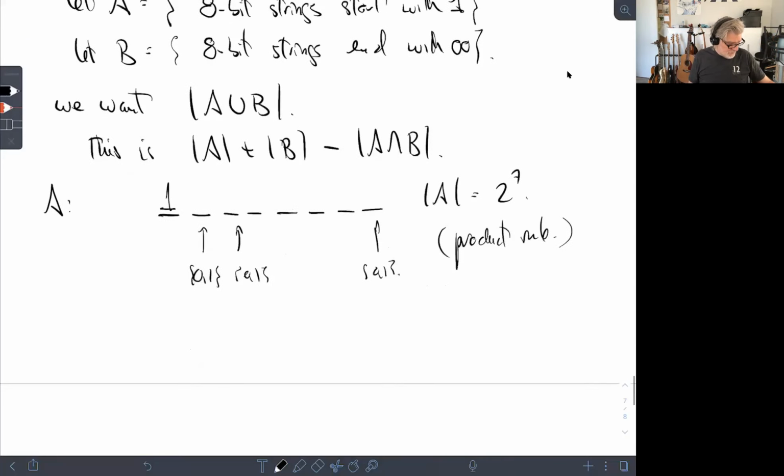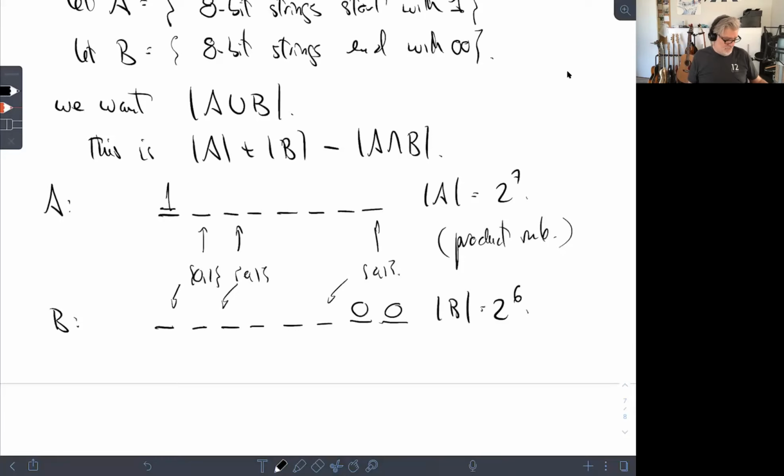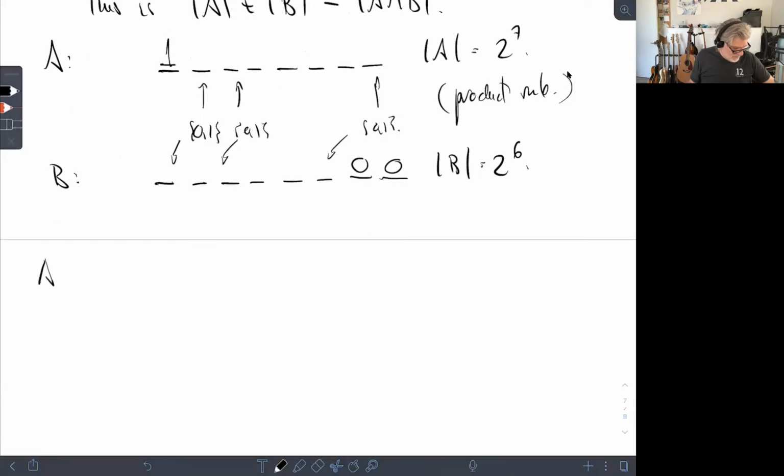Okay, good. What about B? B is 8 bits. The last 2 are 0. So this is basically what am I counting? Bit strings of length 6. So that's 2 power 6. Right? And what about A intersect B? So these are the bit strings of length 8 that start with 1 and end with 0, 0.